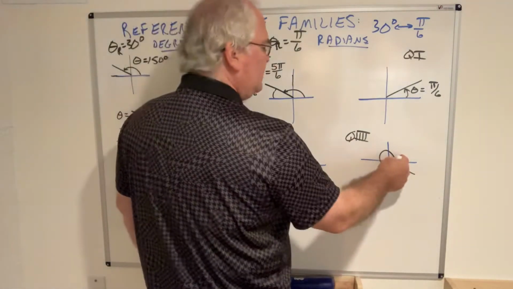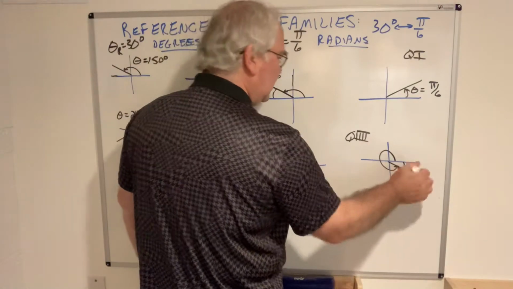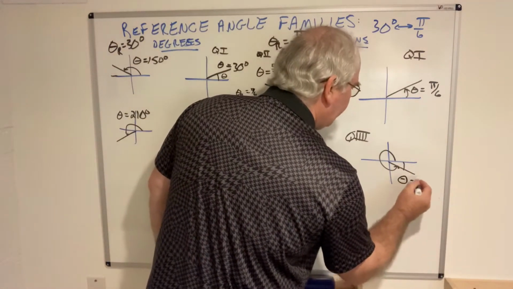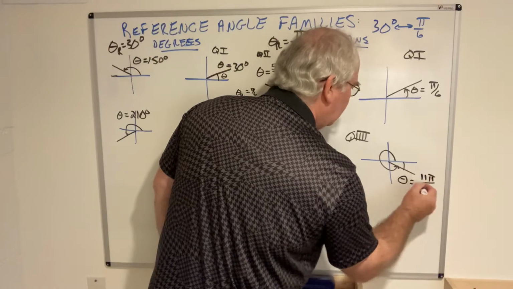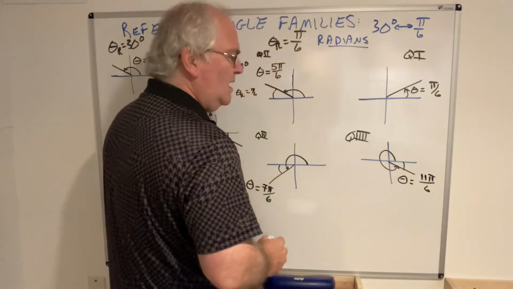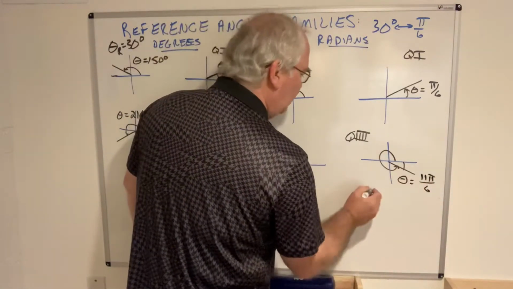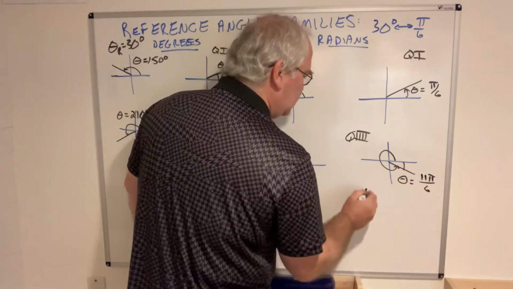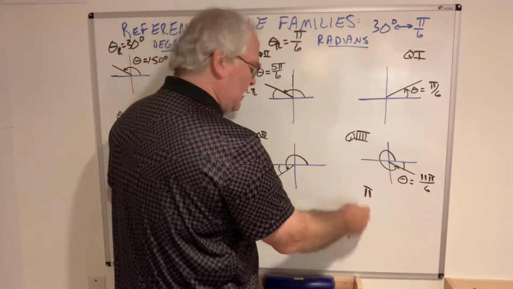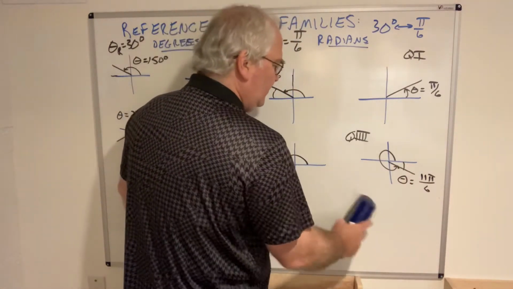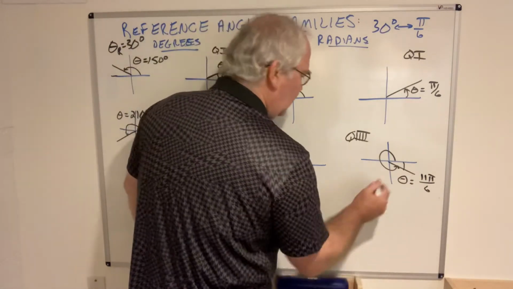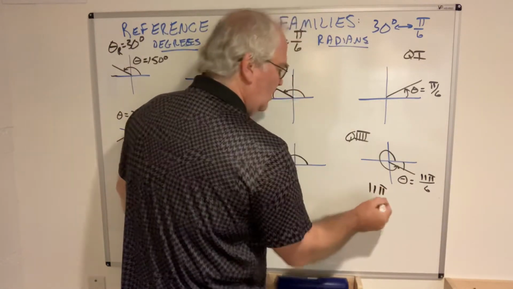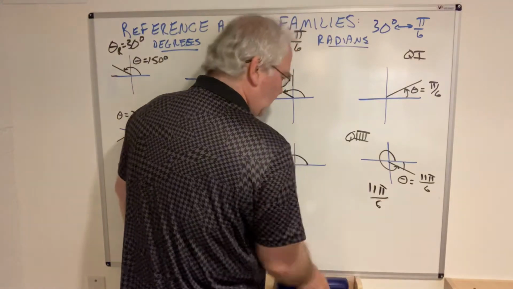So this is 12/6, take away 1/6. Here, theta is 11 pi over 6. I always remember this because whenever I was a student, I would cross my 11 to make it a pi incorrectly. And so this is 11 pi over 6 in quadrant 4.